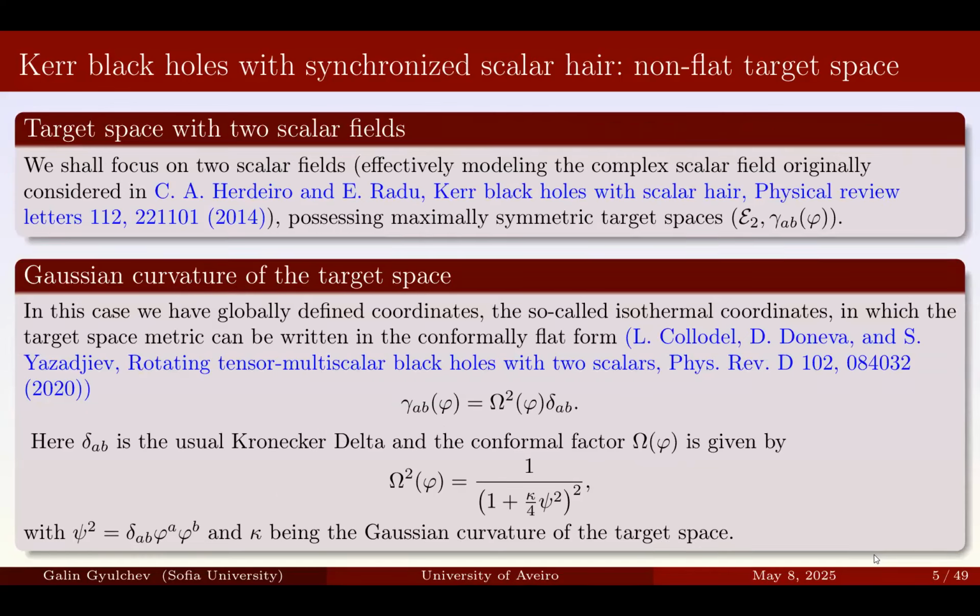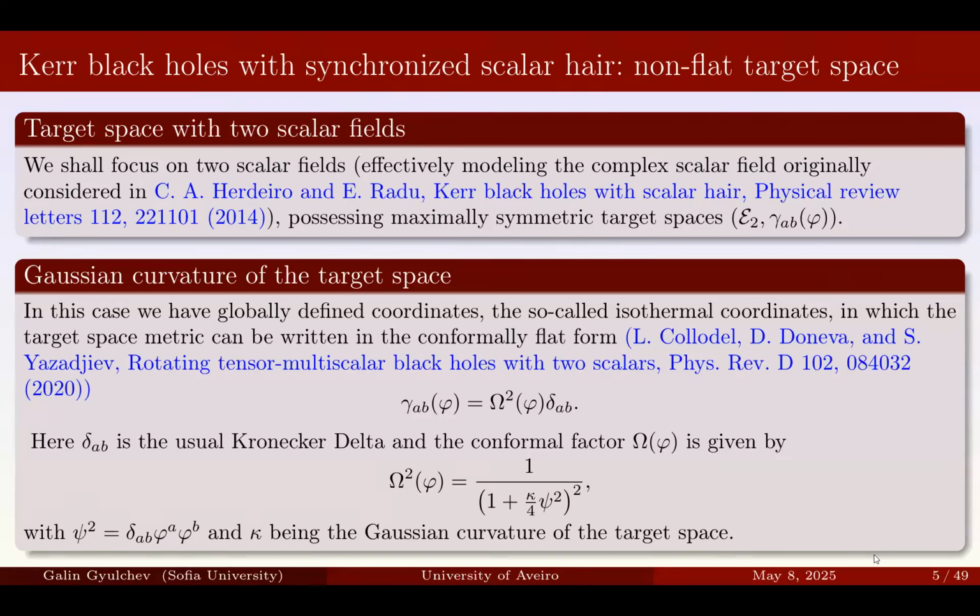Okay, so inspired by the work of Professor Fedor and Eugene Verdu about the scalar field, we restrict our attention only to two scalar fields, because we want to imagine that we have only one effective complex scalar field, which can be modeled as two real scalar fields.